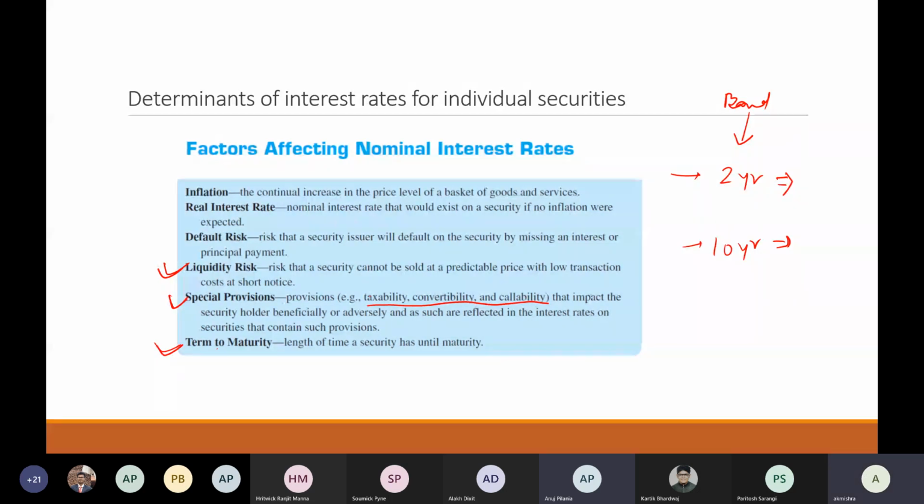Exactly. Because the period for which your money is going to be blocked or will be with the company is longer, in 10 years, by normal assumption, considering a normal market scenario, you will expect more return from your investment. That's why the interest rate for long maturity investment should be high.